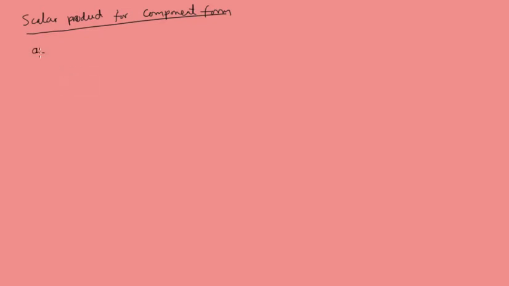So let's say we've got vector A, and that is A1i plus A2j plus A3k, and we've got vector B, which is B1i plus B2j plus B3k.